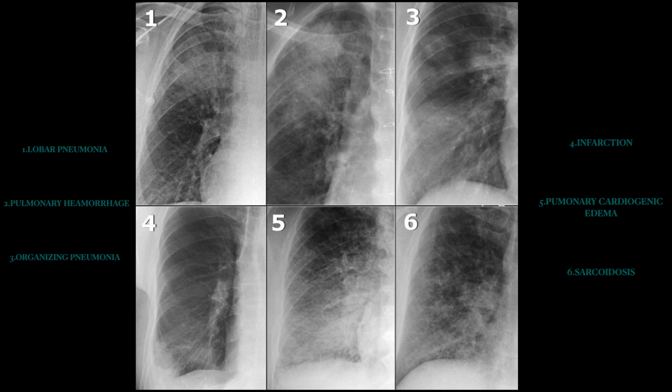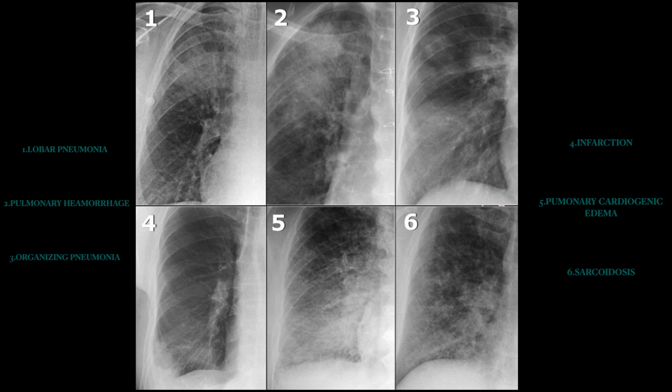Then the fourth image, where we see some peripheral consolidation in a patient presenting with acute shortness of breath, with a low oxygen level and high D-dimer, which means that this patient has some infarction.